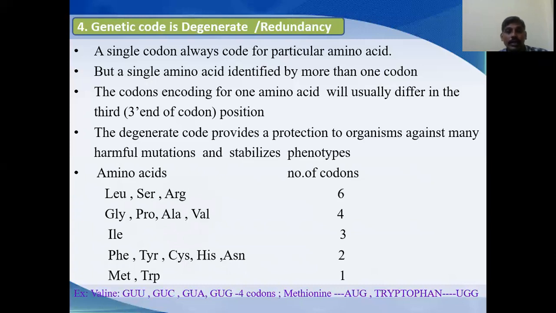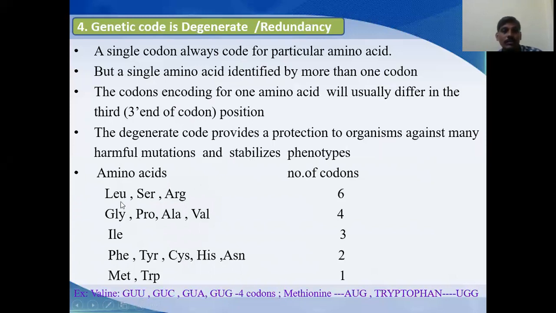If the third base changes, there is no change of amino acid. So a few mutations may occur, but they may not cause any harmful or deleterious effects. So it stabilizes the phenotype and protects the organism against many harmful mutations.